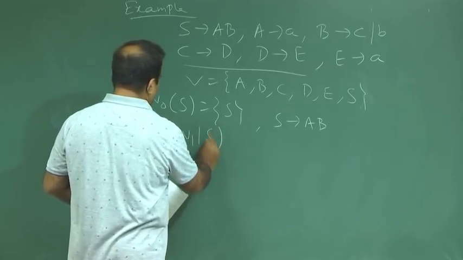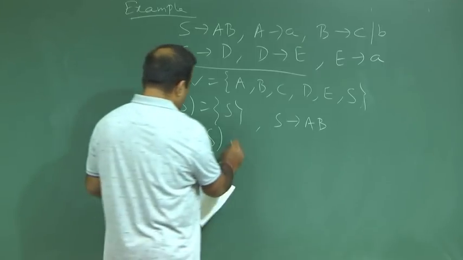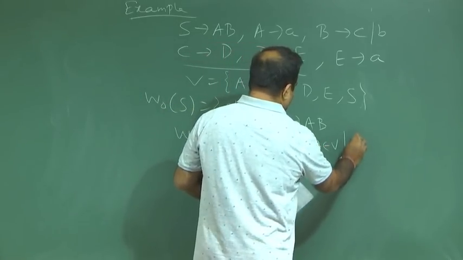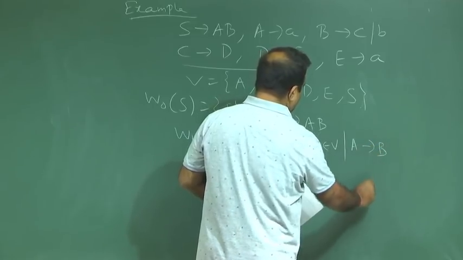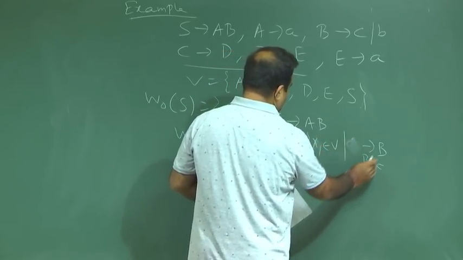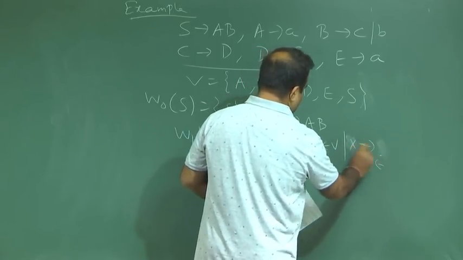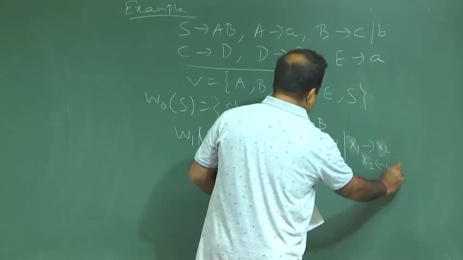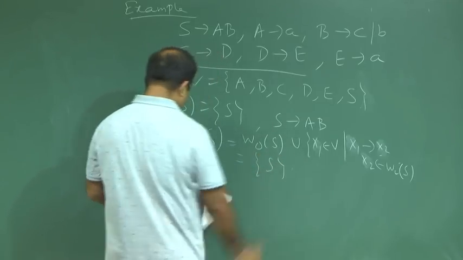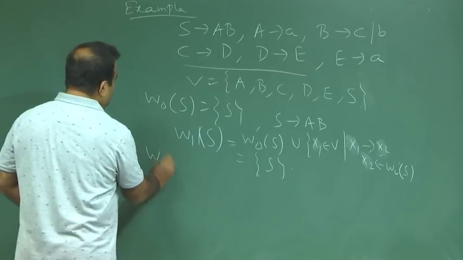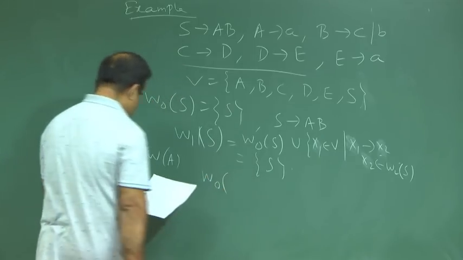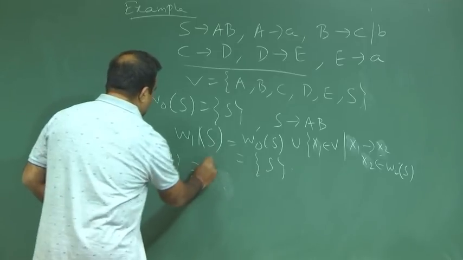So, W1 of S, these are the variables which are reachable from S. W1 of S is W0 of S union all the variables X2 such that X1 goes to X2, where X1 belongs to W0 of S. That is null, so basically this is S. Similarly, we can construct W of A. For this we can just write W0 of A, and this will be again only A.